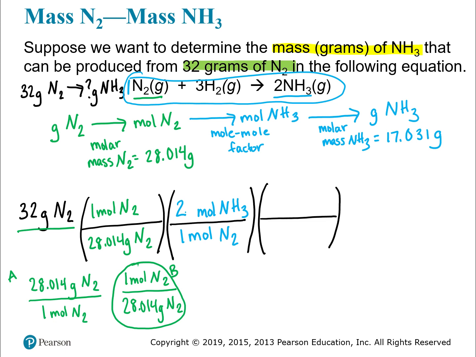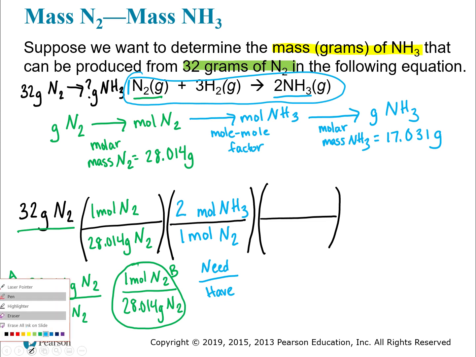That's our mole-mole factor. And the form that it's always going to take in here is whatever it is that we need over what we have, or the given information. Let me write given. I like the way that sounds better.